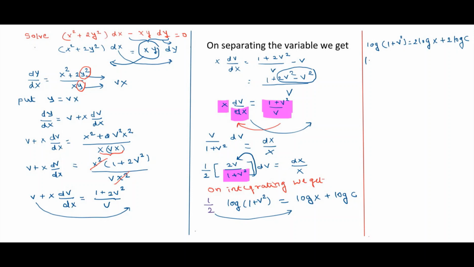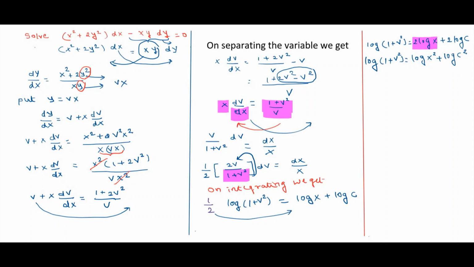Then this is logarithm of 1 plus v square is equal to, now by using the property, this 2 log x we can write as log x square. Similarly, the next term we can write as logarithm of c square.